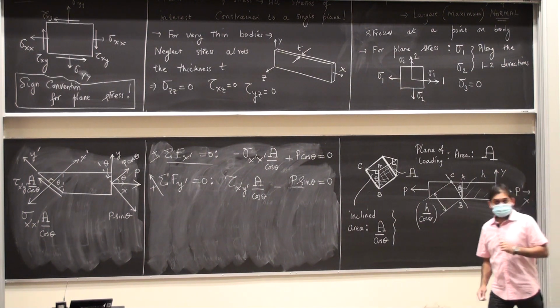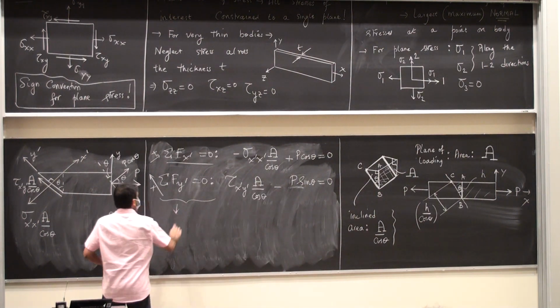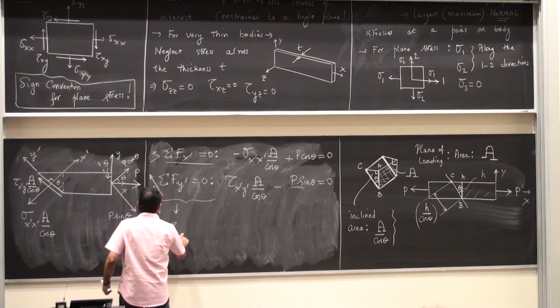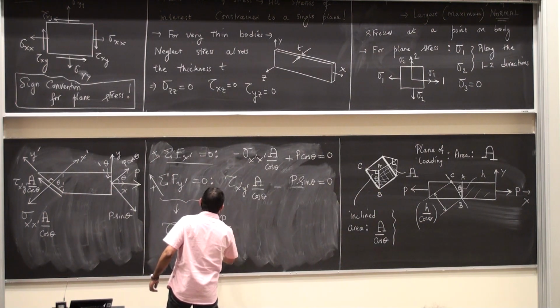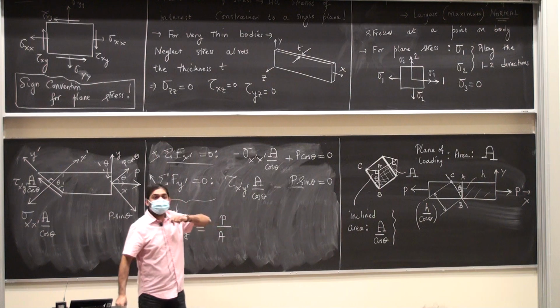Look at the second equation. This gives me the following. If I just cross multiply, I get tau x prime y prime is equal to P by A. I took this A, brought it to the denominator. Okay?